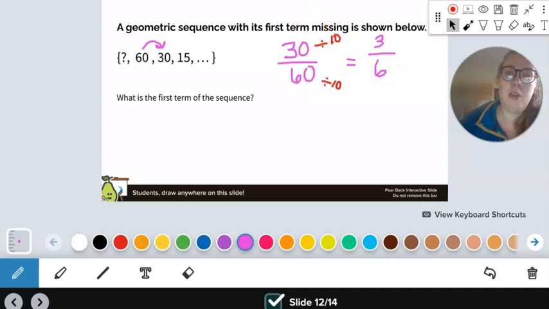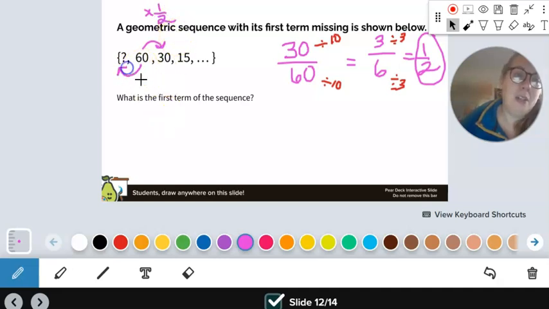So we could actually reduce it again to divide both by 3. 3/6 is the same as 1/2. So to go from 60 to 30, we multiplied by 1/2.